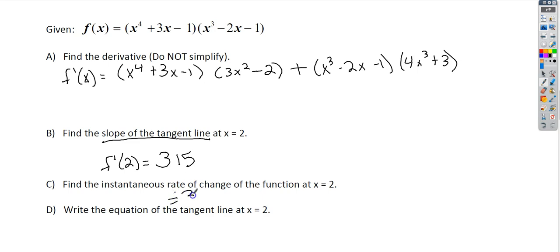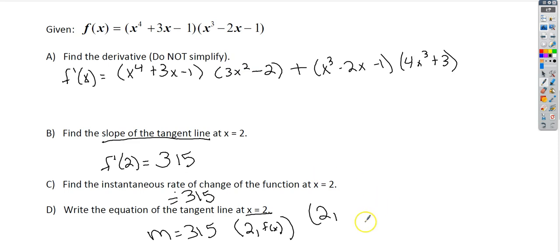So that also equals 315. Write the equation of the tangent line at x equals 2. So we need that slope, which was 315. And then we need the value of the function of x, not the derivative. So we plug 2 into the original equation, and then we would get 63.